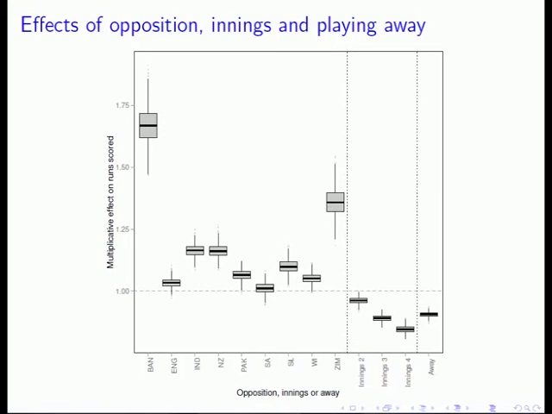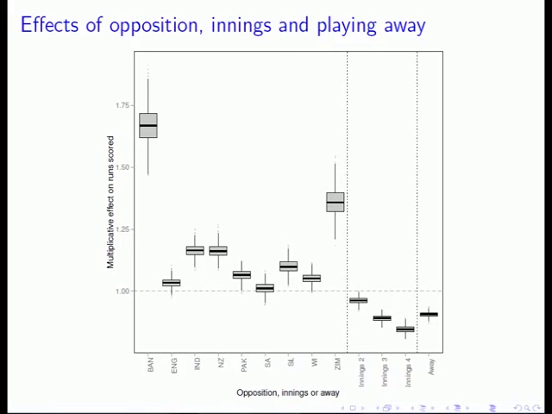But one thing that is quite nice about this plot is that because it's a multiplicative plot, you can see that the effect of playing England in the second innings, if you multiply those two things together, you'll get almost 1. It'll be a bit like playing Australia in the first innings, because that's the way these things interact with one another.